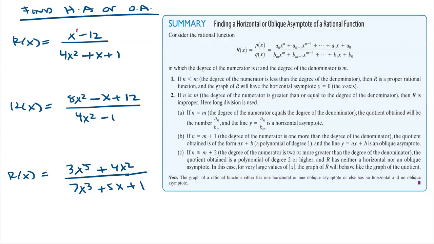So n is less than m, because 1 is less than 2, and n is the numerator power divided by the denominator power, m. Since we have this situation, our answer is that we have a horizontal asymptote, and it's y equals 0.